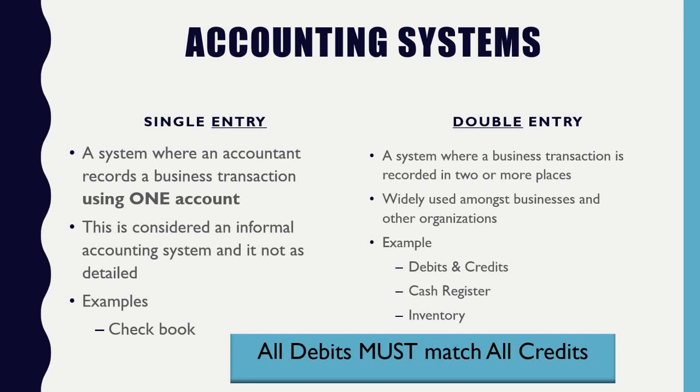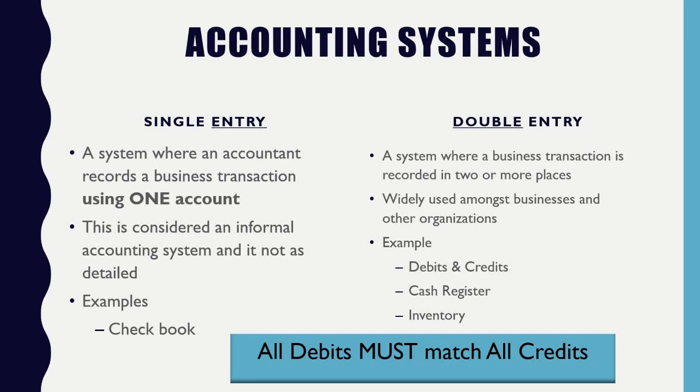Now, let's take that instance and apply it to double entry. If I decide to write a check for the purposes of paying for rent, then this is what I'm going to record. I already have written it in my check register, so that means I already spent the cash. Now, this time I'm going to create another account called rent expense, because again, I had to spend money in order to operate my business.